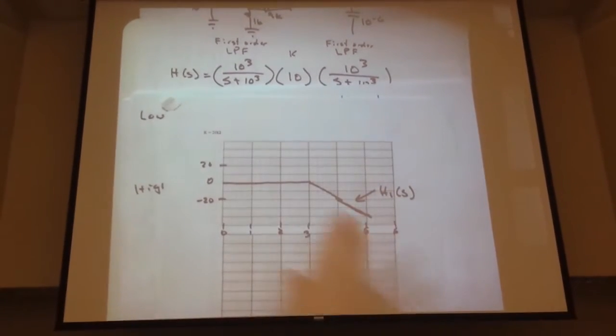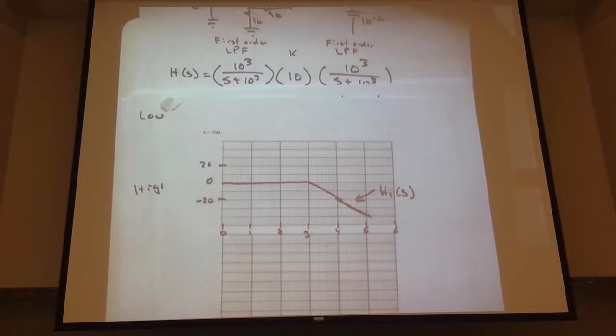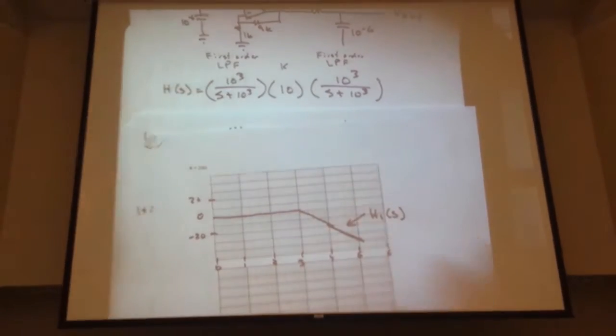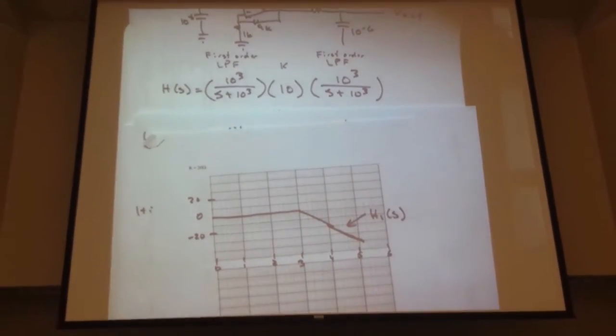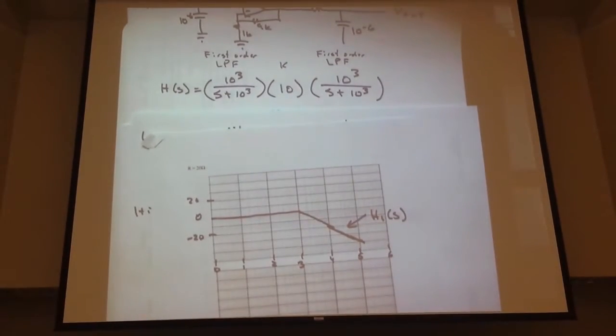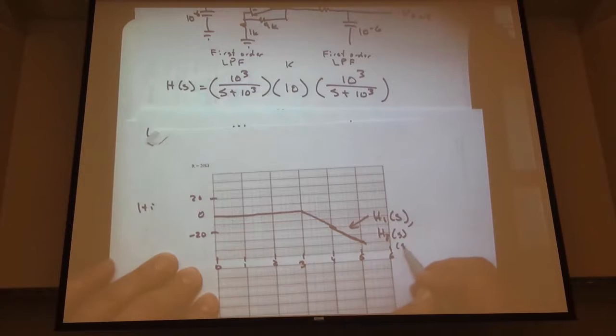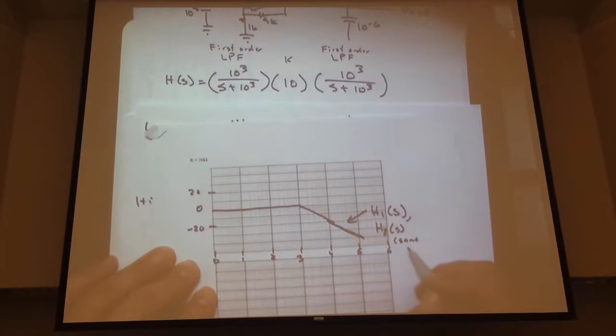So here's our low pass filter, that's H1 of S. Do we also agree that for this given circuit, that's also H3 of S? So, comma, H3 of S, same part, same LPF.